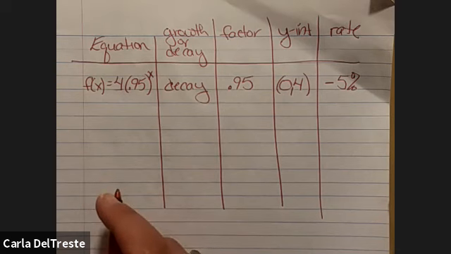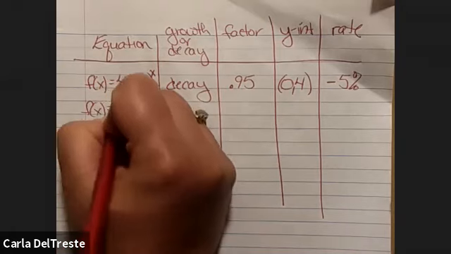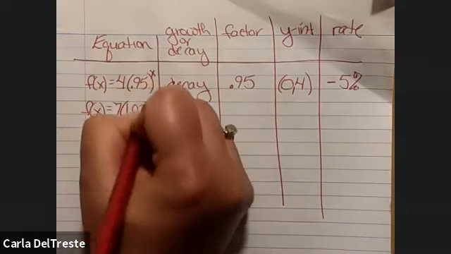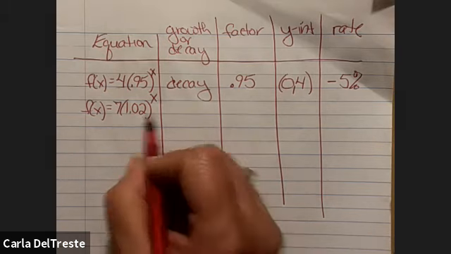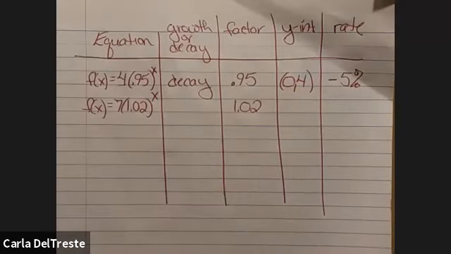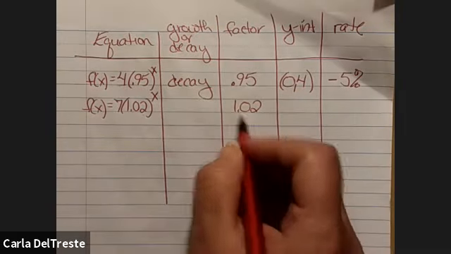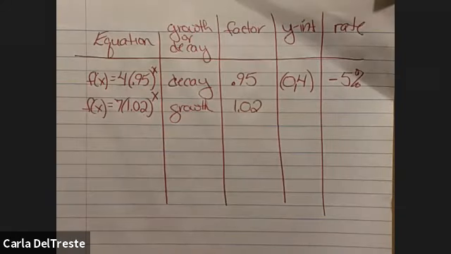Next example. What if we had f of x equals 7 times 1.02 to the x? Identify factor first. The factor here is 1.02. This is larger than 1, so we're talking about exponential growth.